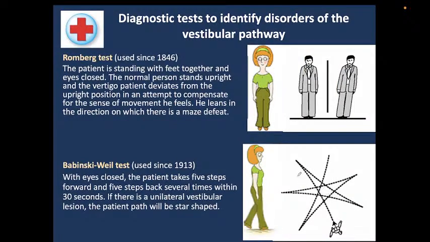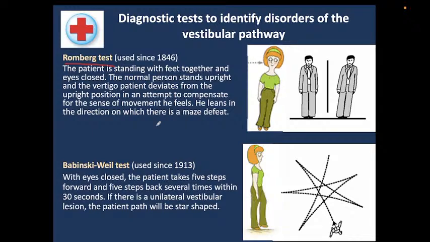Here is a clinical test for identification of disorders of the vestibular pathways, called the Romberg test, a very famous test used since 1846. Doctors use this test to examine patients with vestibular disorders.